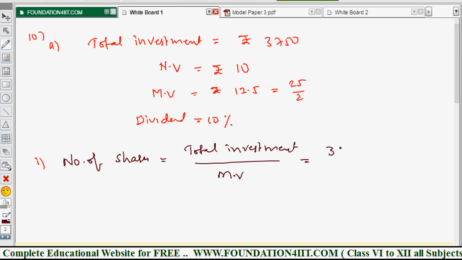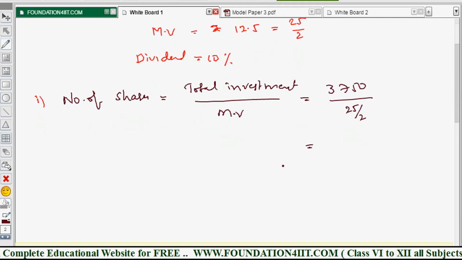The total investment is 3750 by market value of one share, which is 25 by 2. This you can simplify. You'll get the number of shares. That is 3750 into 2 by 25. 3750 by 25 is 150, then you get 300 into 2. Yes, so 300 is the number of shares.